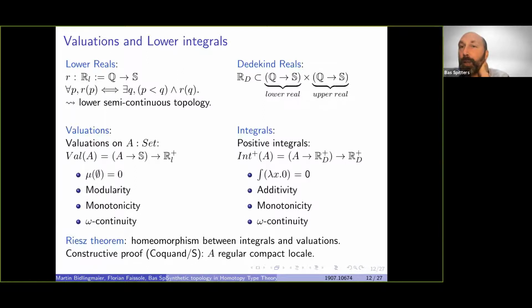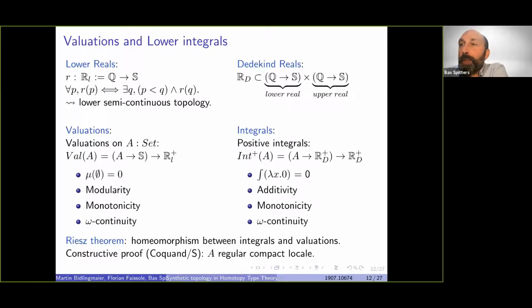These correspond either to ordinary continuous functions to the real numbers, at least if you're looking at a sheaf topos, or to the lower semi-continuous functions. So we can look at the lower real numbers, which correspond to lower semi-continuous maps into the real numbers.